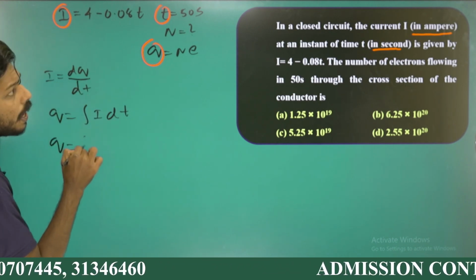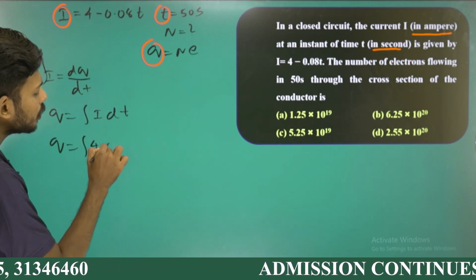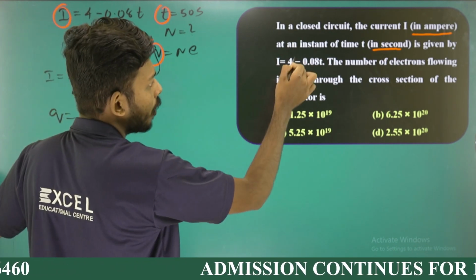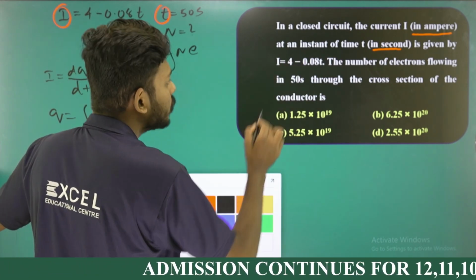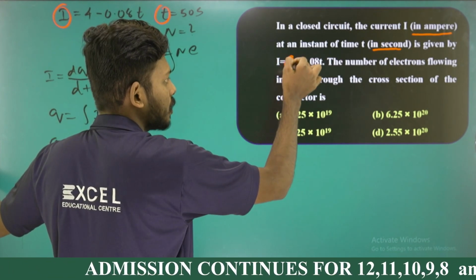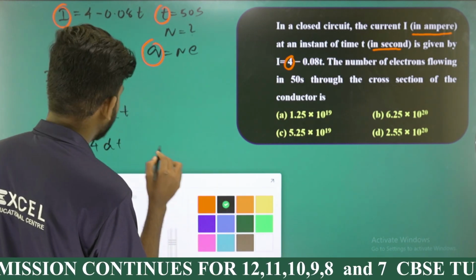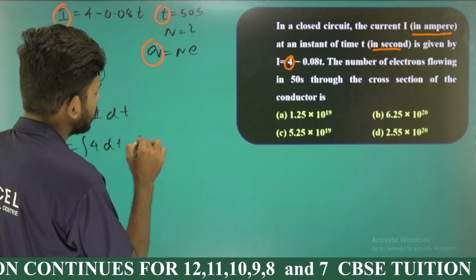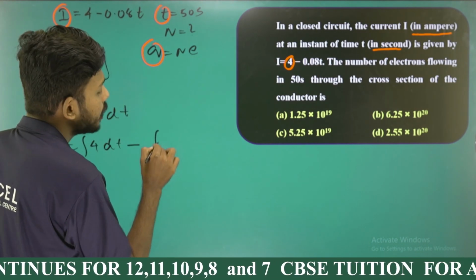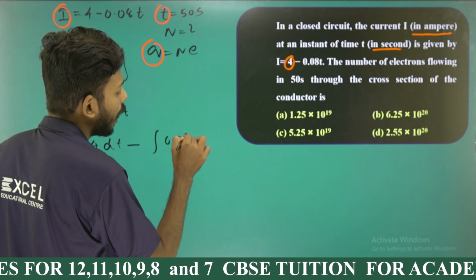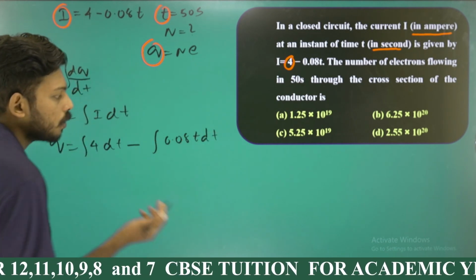Q is equal to integral 4 dt. The first term is 4, so you have to integrate the first term. Separating the integration, that's okay. It's integrating the first term and integrating the second term. What is integrating the second term? Minus integral 0.08 t dt.